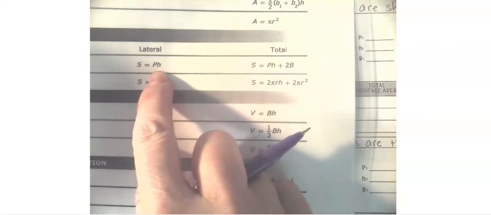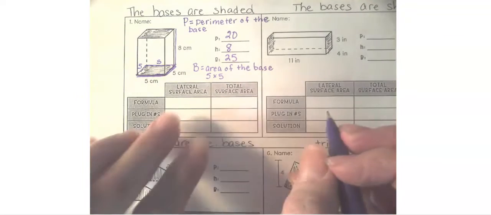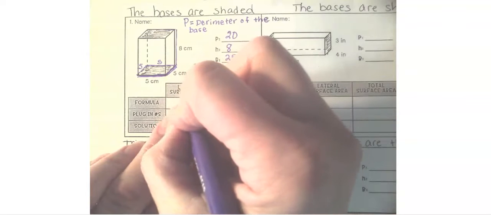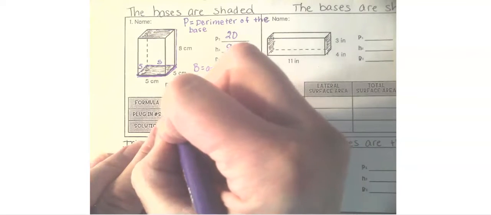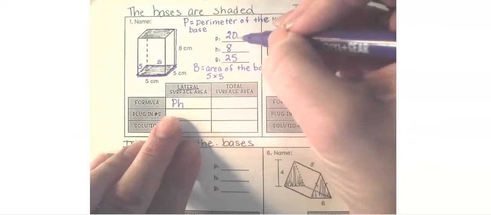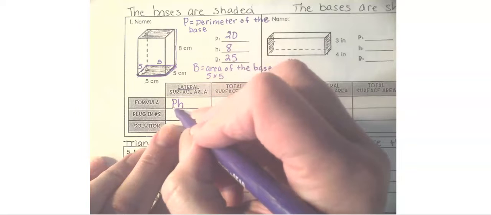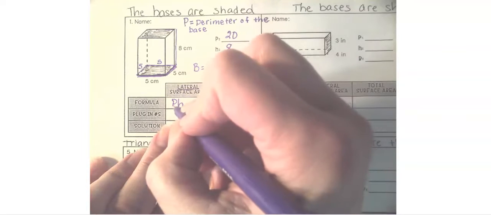Okay, so remember, if I go too fast, please stop. So the formula for lateral surface area is capital P times H. Lateral surface area is capital P times H. Well, we already know what capital P is. We already know what H is. So I'm going to go right down here and put the numbers in place of the variables.